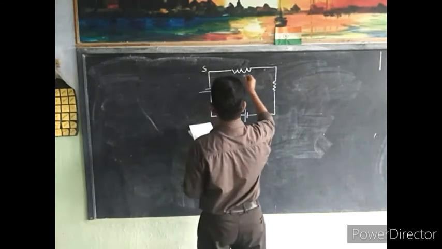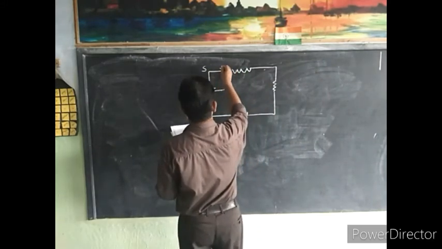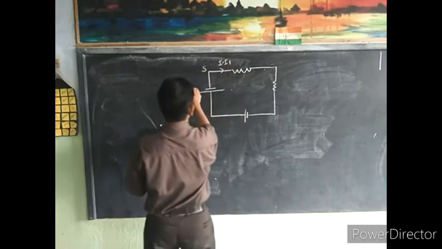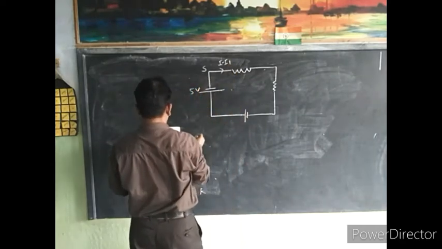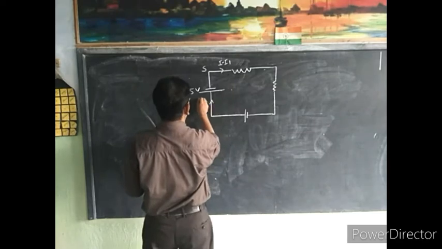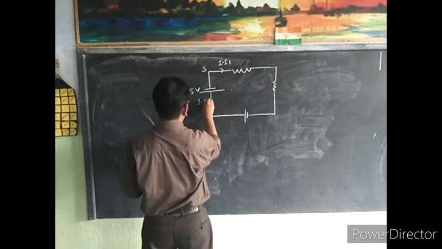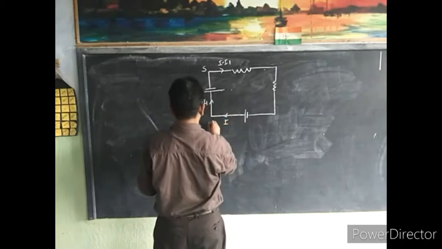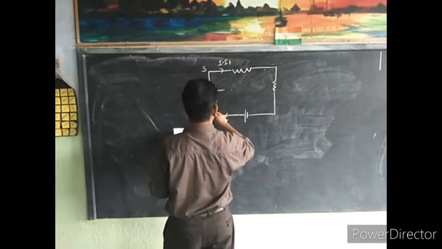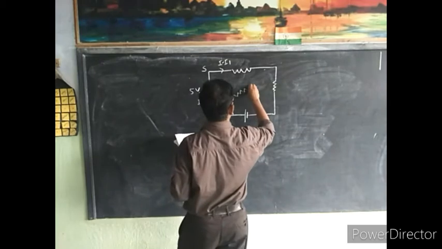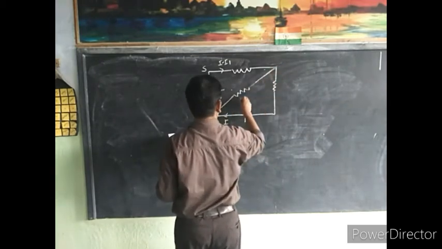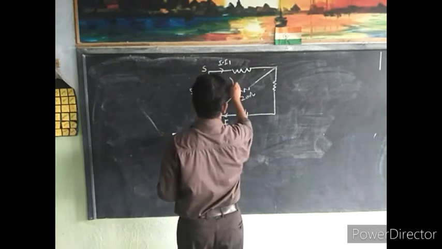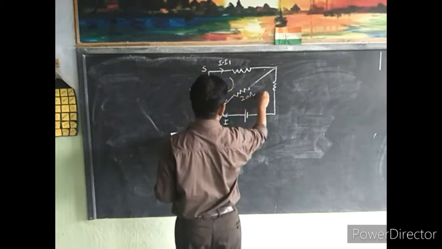Here the current is I minus I1, this is 5 volt. Here current I flows through it. This is the 20 ohm resistance, current is flowing in clockwise direction.